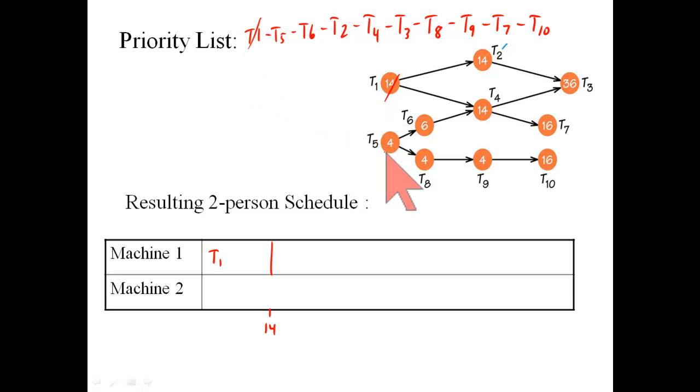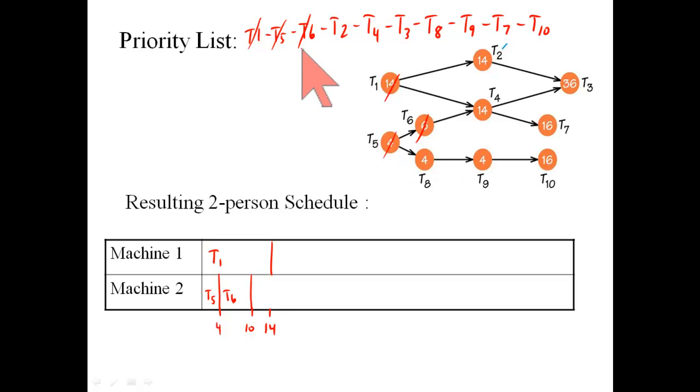Machine 2 starts task 5, 4-minute completion time. Then machine 2 works on task 6, with a 6-minute completion time.